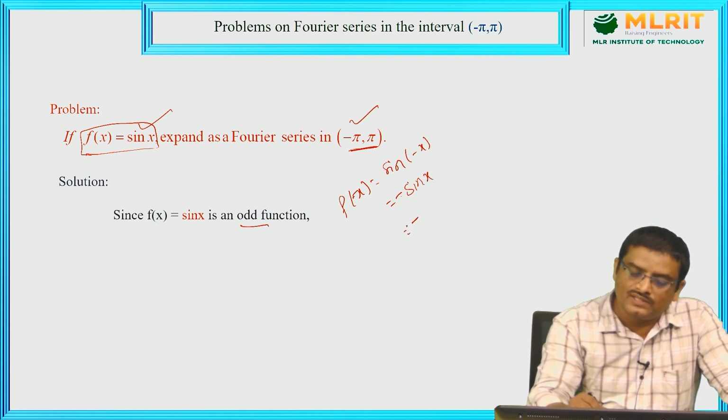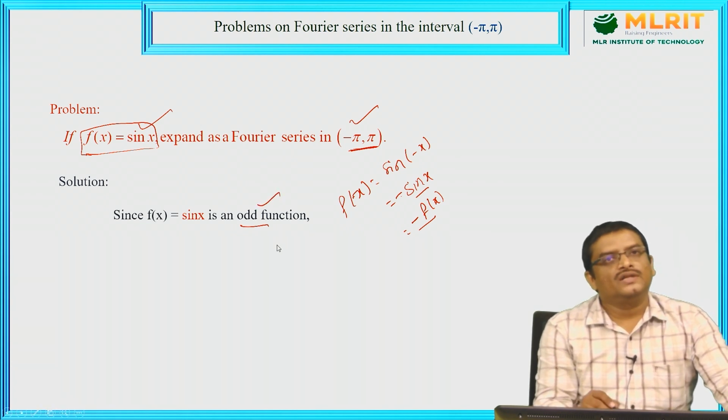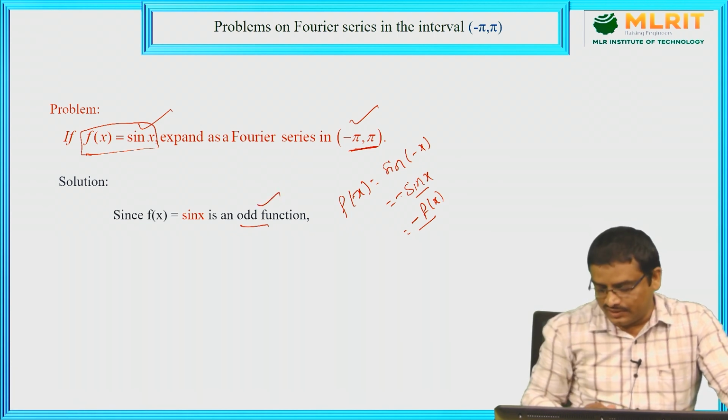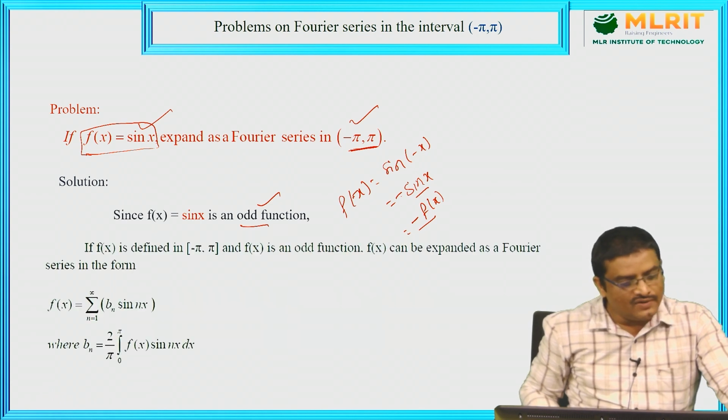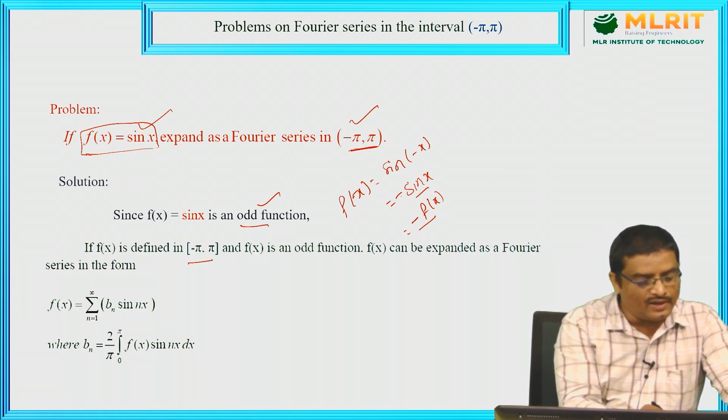Keep the minus sign as it is, and replace sin x with f of x. Now the condition is f of minus x is equal to minus f of x. This is the condition for an odd function. Now we have that the given function is an odd function here. Now we have the standard formula to find the Fourier series for the odd function in the interval minus pi comma pi.